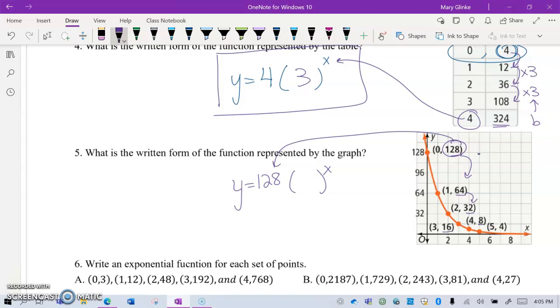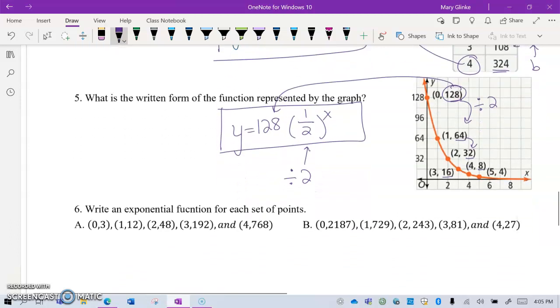So what's happening here each time is you are dividing by 2. So instead of saying dividing by 2, we have to show it as a multiplication problem. This dividing by 2 is the same thing as multiplying by 1/2. So any division problem, you're going to make it into a fraction instead.